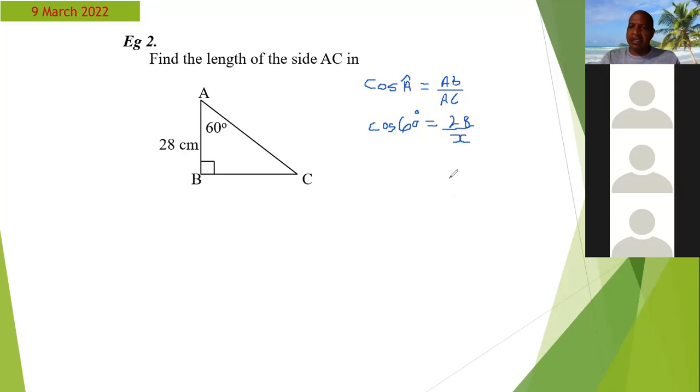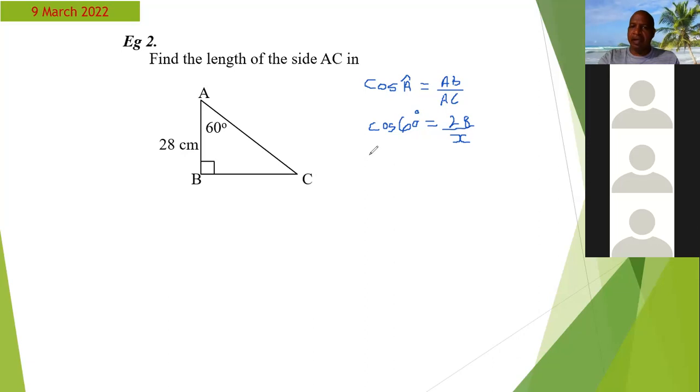So in this case, it is the x that you now have to move to the other side. Yes, sir. So the x is dividing the 28, so moving it to the other side, what would happen? Multiply.